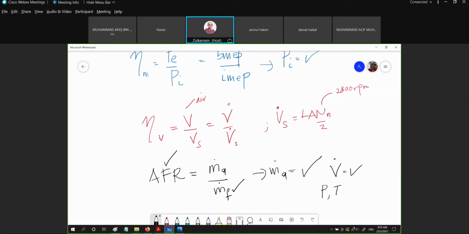Okay, dalam kes ni kita boleh convert lah ya. Kita ada kita punya m dot F tadi, kita boleh dapat kita punya m dot A. So kena convert sini dalam bentuk rho V dot A. Inilah V kita yang masuk ni. Tapi kena tahu kita punya density lah. Dan density ni selalunya kita ada pada mana? Kita ada pada persamaan PV equal to RT. And this v is equal to 1 over rho.